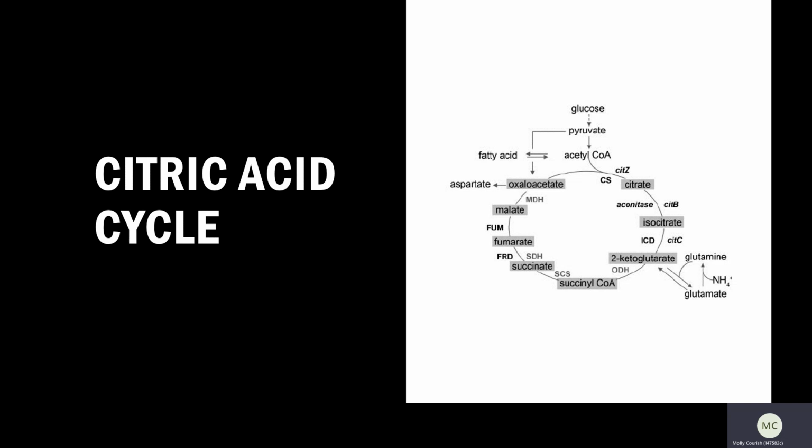As you can see at the top, glucose is the starting point, and it is converted to pyruvate, occurring in a previous step of cellular respiration. The product of this previous step, or pyruvate, will be converted into acetyl-CoA and allow for the citric acid cycle to begin.